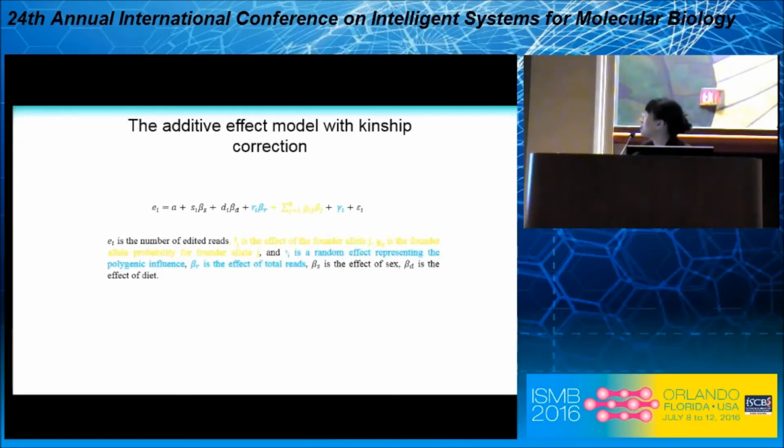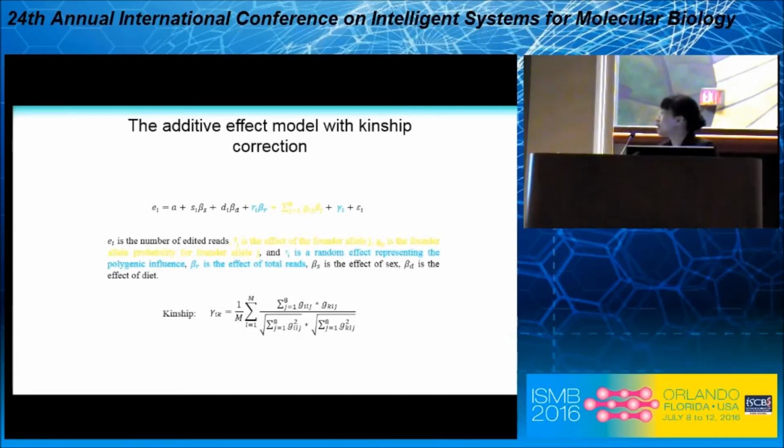And the gamma here is the kinship that's calculated based on the 8 allele probabilities from 2 animals, so it represents the relationship between 2 animals. And we also put the total number of reads at each site as a covariate to remove the potential effect from the sequencing depth at each site.